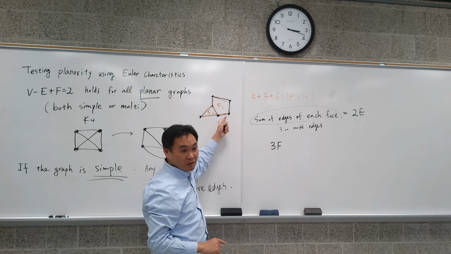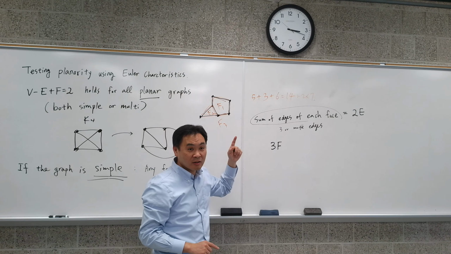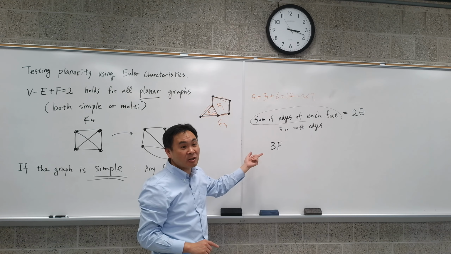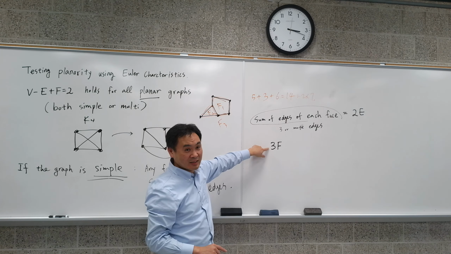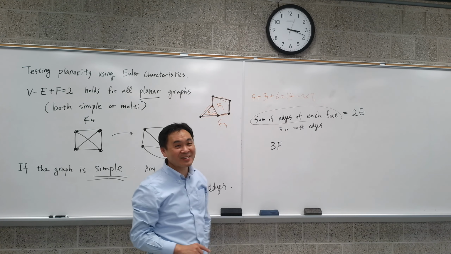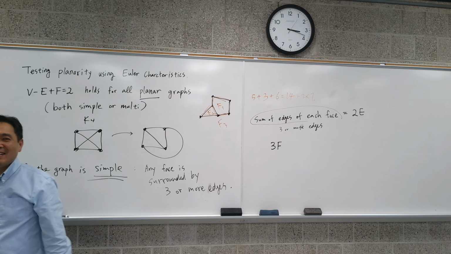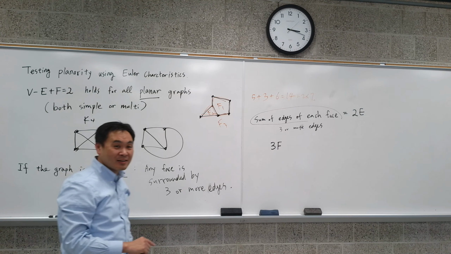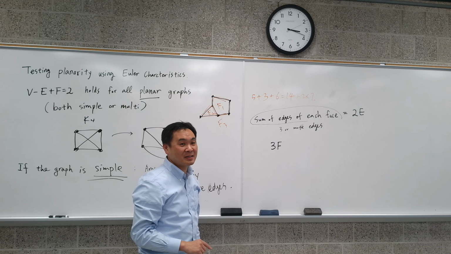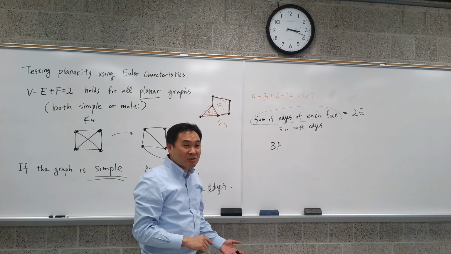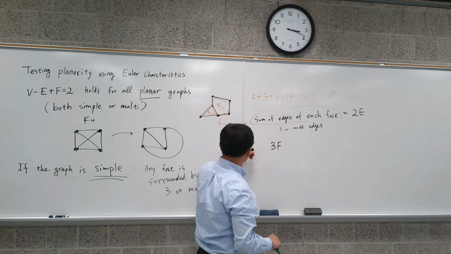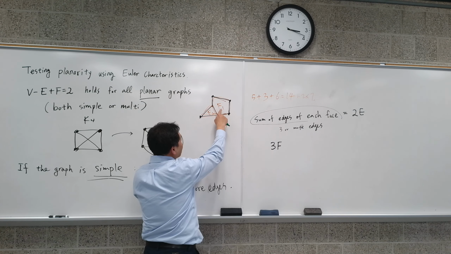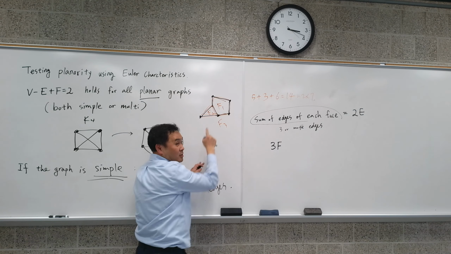Yeah. So what do you get? Sometimes it could be equal, but it could also be. Is this more or less? Less? It'll be less because, look, over here, if you have 3 faces, okay?